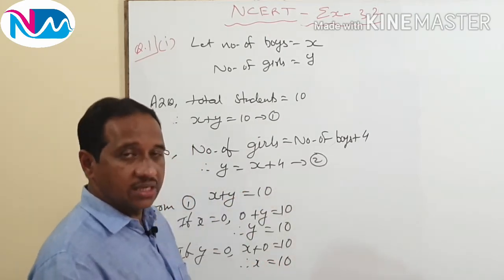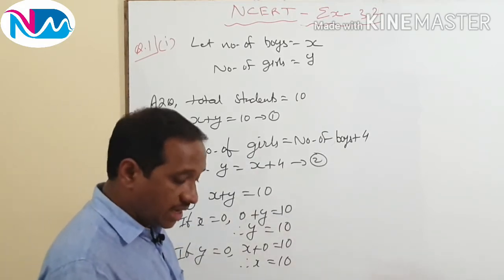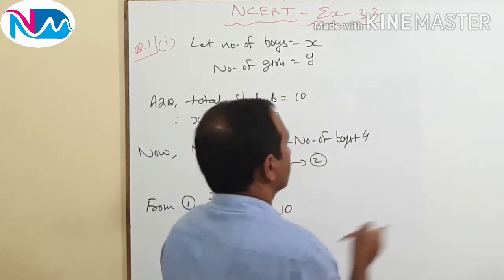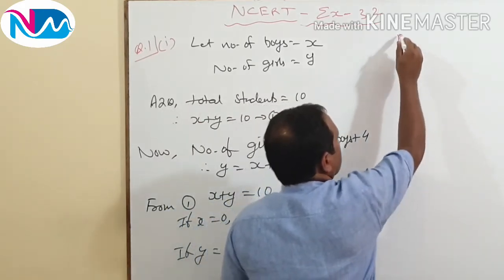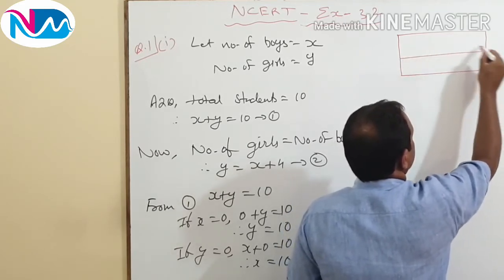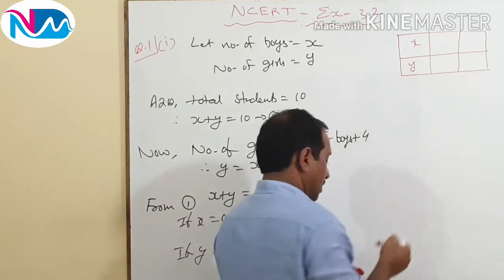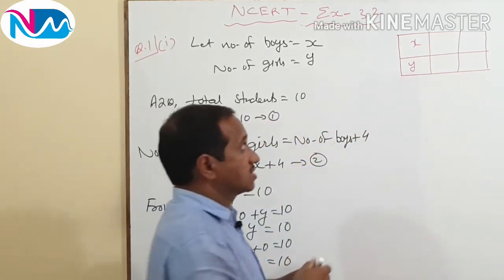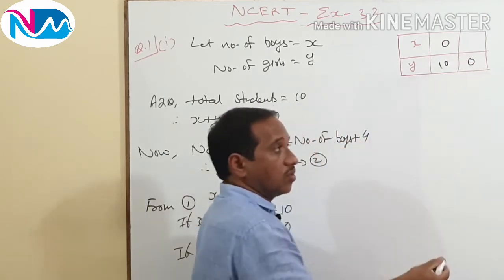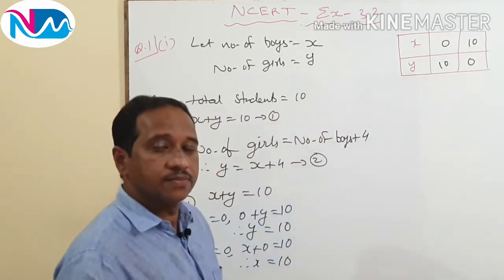So we are getting a set of solutions for the first equation. I will write the solutions in the tabular form. So here, if x is equal to 0, y is equal to 10, and if y is equal to 0, x is equal to 10.